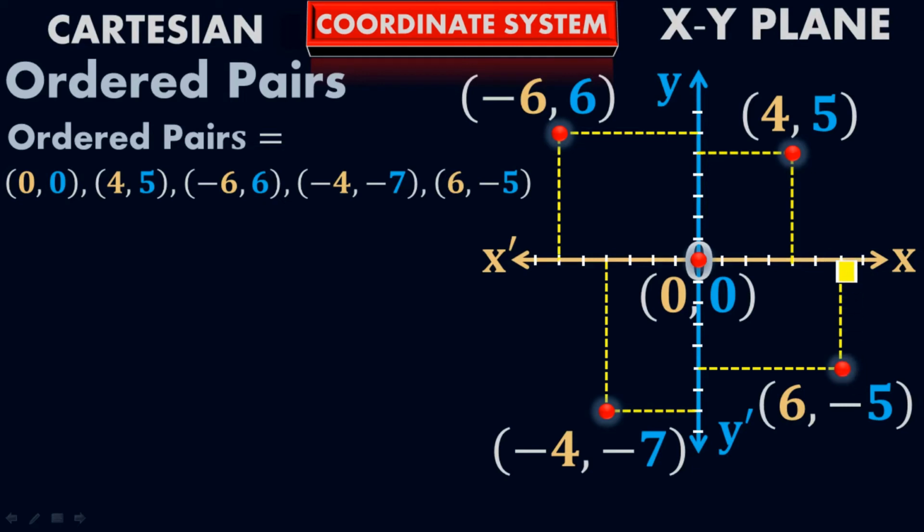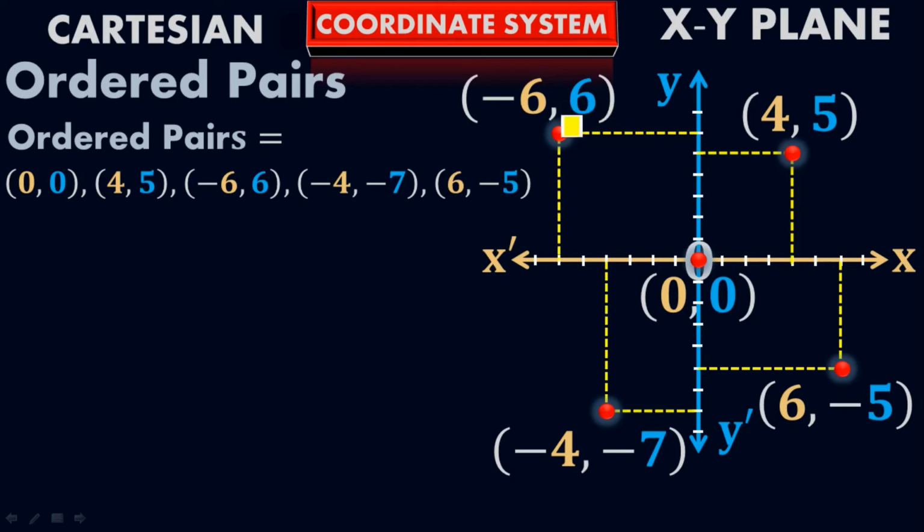This point is positive 6 along the x-axis and negative 5 along the y-axis: negative 1, 2, 3, 4, 5. So in this ordered pair, the x value is positive and the y value is negative, because it comes inside the fourth quadrant.